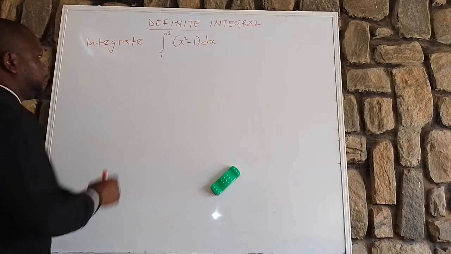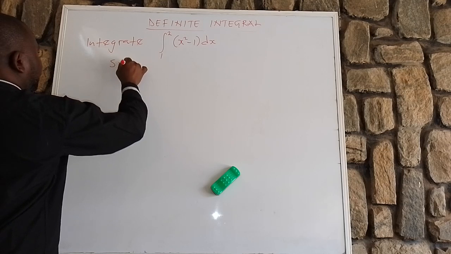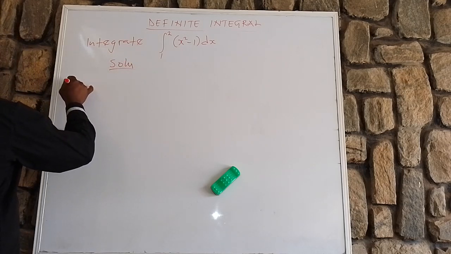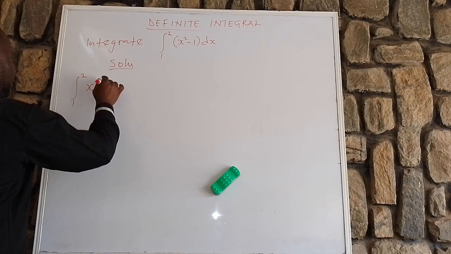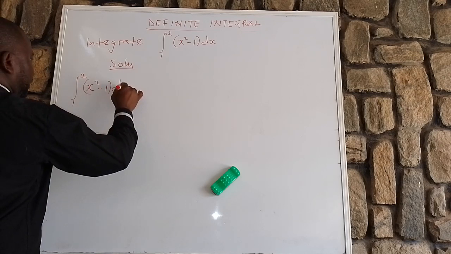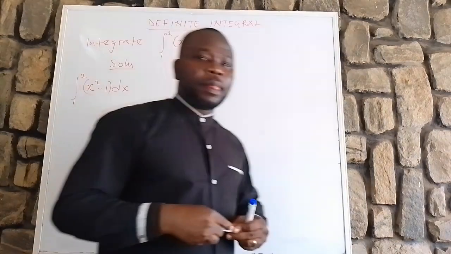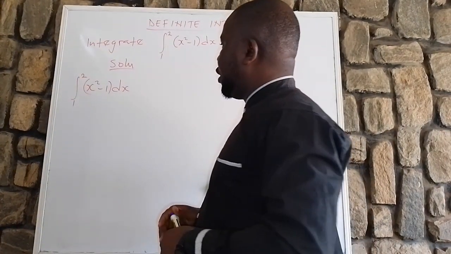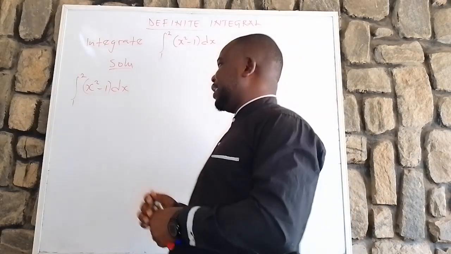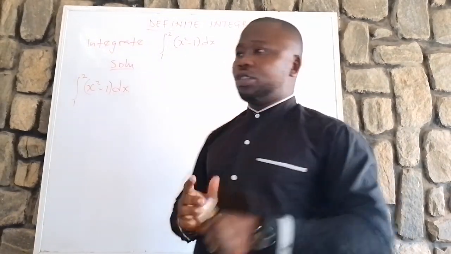It's simple as ABC. Let's write the solution. Integral 1 to 2 of x squared minus 1 dx. Look at it, we'll do it together. It's not difficult, I'm going to show you.